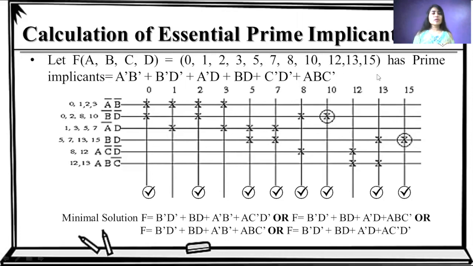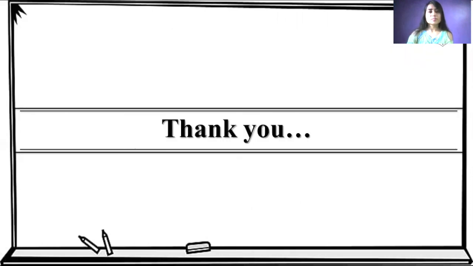To cover 1 and 3, we can use either A'B' or A'D. So here we have four minimal solutions, out of which we can write any one, because all are the same in terms of number of literals and number of terms. So this is how we can simplify a logical function using the Q-M method. Thank you.